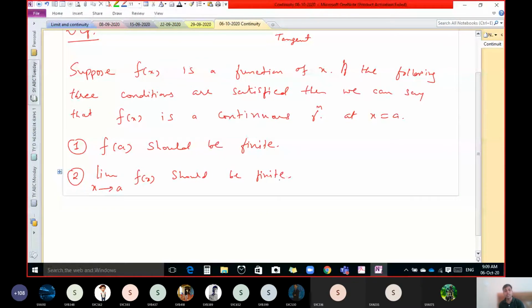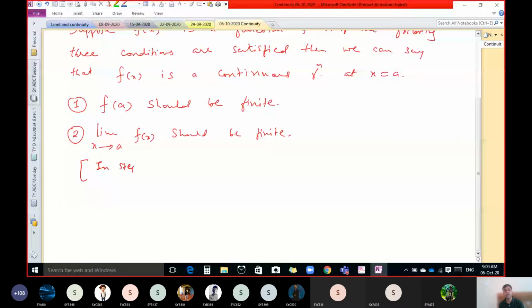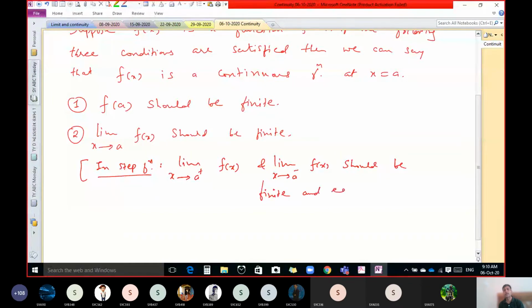Means in a step function, if you want to find the limit, we have to find two limits: the limit as x tends to a plus of f of x and the limit as x tends to a minus of f of x. They should be finite as well as equal, because if they are not equal, the limit does not exist.